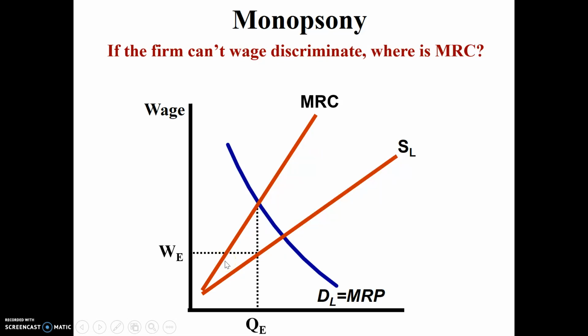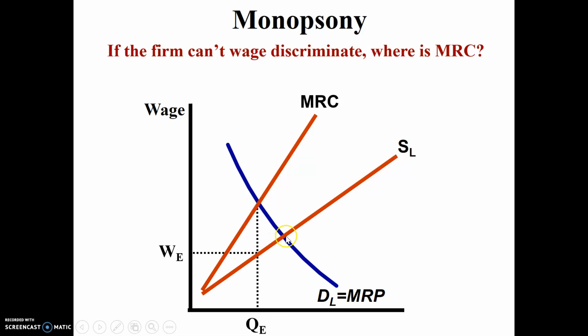If we were actually to look at this as a perfectly competitive model, we would imagine that MRC is completely absent, right? And the supply curve in the market is upward sloping. This would also be kind of the wage, and the MRC would be the same.